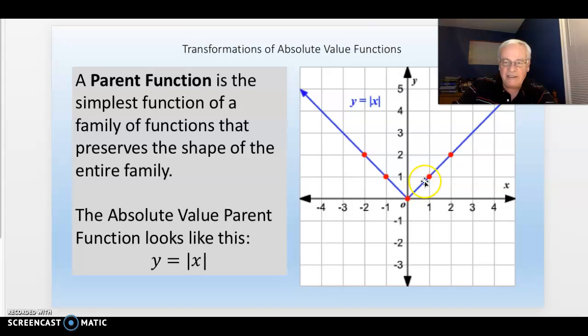This right side has a slope of 1. You see that? It goes up 1 over 1, up 1 over 1, up 1 over 1, because there's nothing in front of here. I mean, there's a 1 actually in front of here. It's implied.